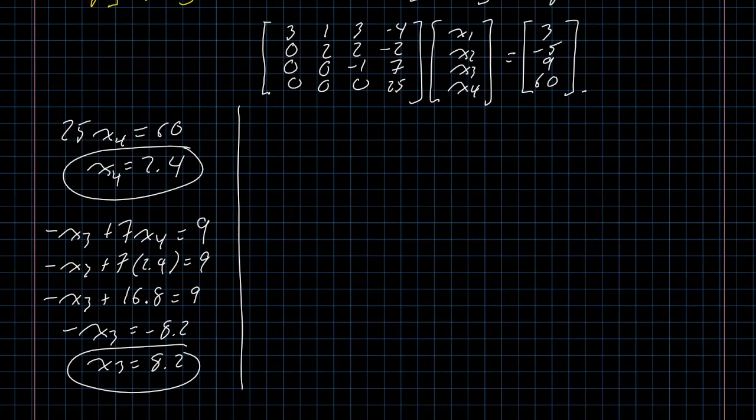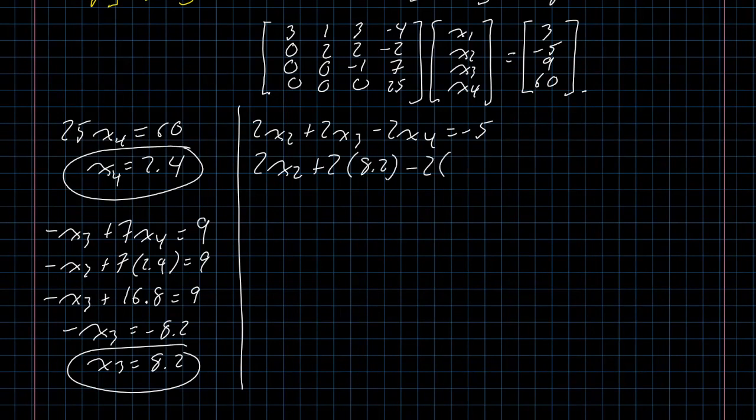Second row, if I multiply that out, I would get 2x2 plus 2x3 minus 2x4 is equal to negative 5. I don't know what x2 is, but I know that x3 is negative 8.2, and I know that x4 is 2.4.